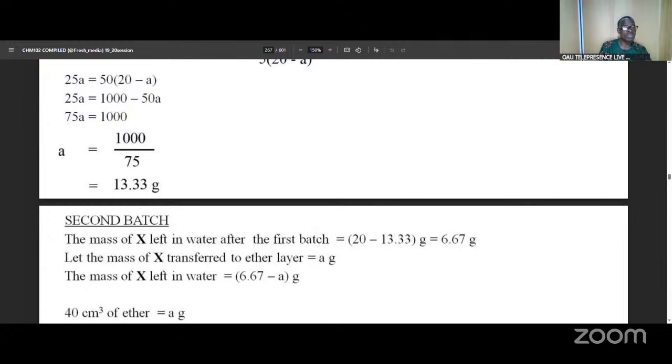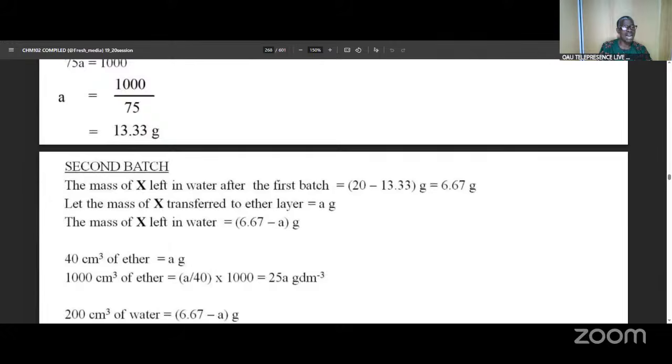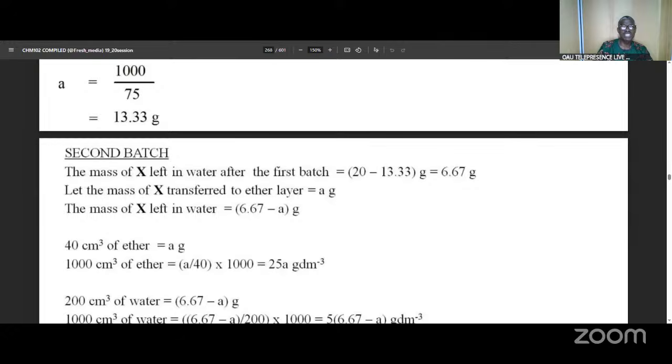So let's now go to the second batch. We divided our volume of ether into 2. We have used the first 40 cm cube of ether, and it has extracted 13.33 grams. Now, let's do the second extraction with what is left.